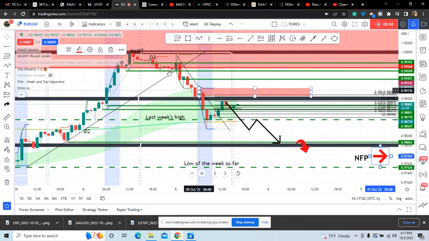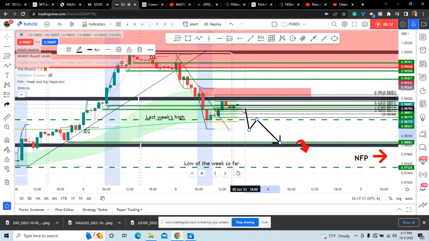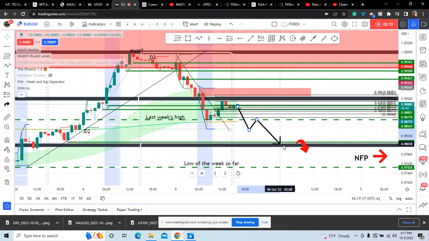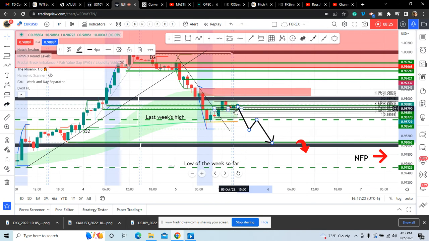It isn't necessarily going to hold up in this downtrend. So the thesis is, the neckline is holding at the moment, but it's not to say that we can't have a break lower towards the low of the week so far, on a break of 98, targeting 97.50. If, on the other hand, this holds, then we're up in 99 again pretty quickly.